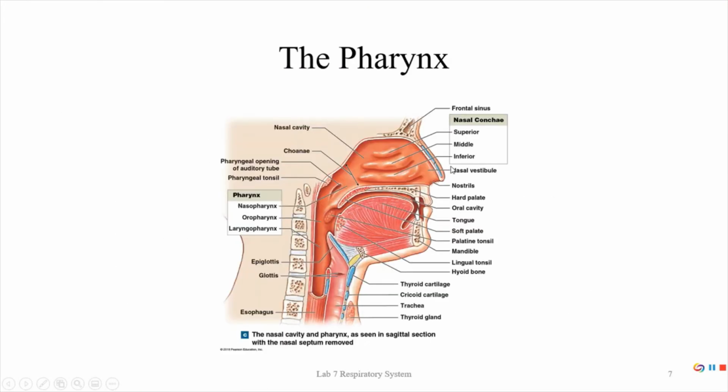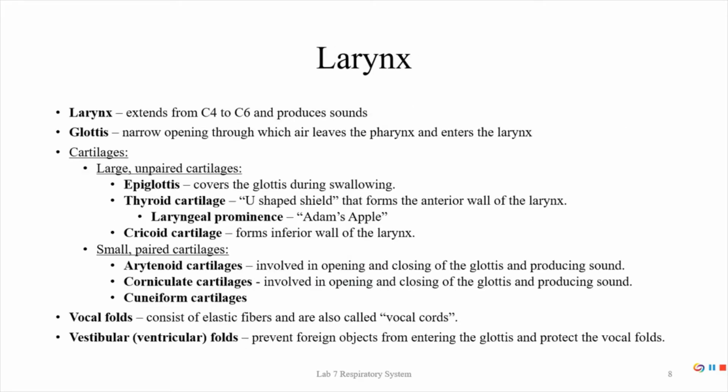Okay, now the larynx. Let me grab my larynx model, my little larynx instrument, and we're going to look at our larynx. And the larynx starts at C4 to C6. Now, a good way to remember the larynx starts at C4 is that some people have an explosive voice.